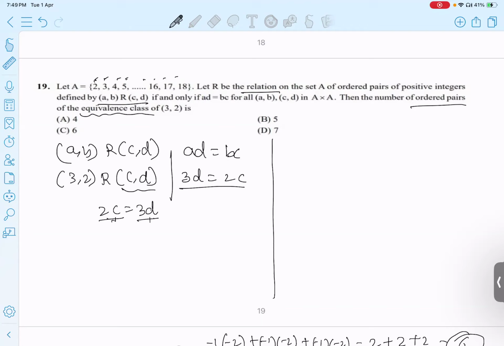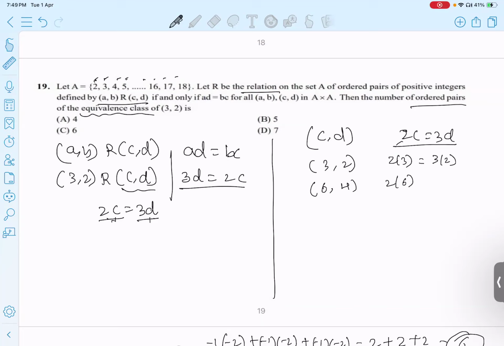So keeping this in mind, if I put C value as 3 and D as 2, this gives us 2C is equal to 3D, the equation to be balanced. We'll get 2 into 3 same as 3 into 2, 6 is equal to 6. If I consider the next point C as 6, we'll get D as 4.